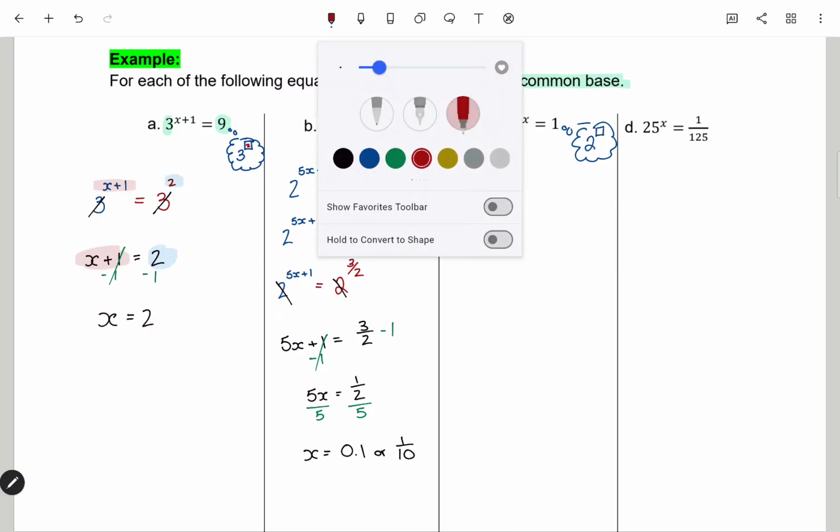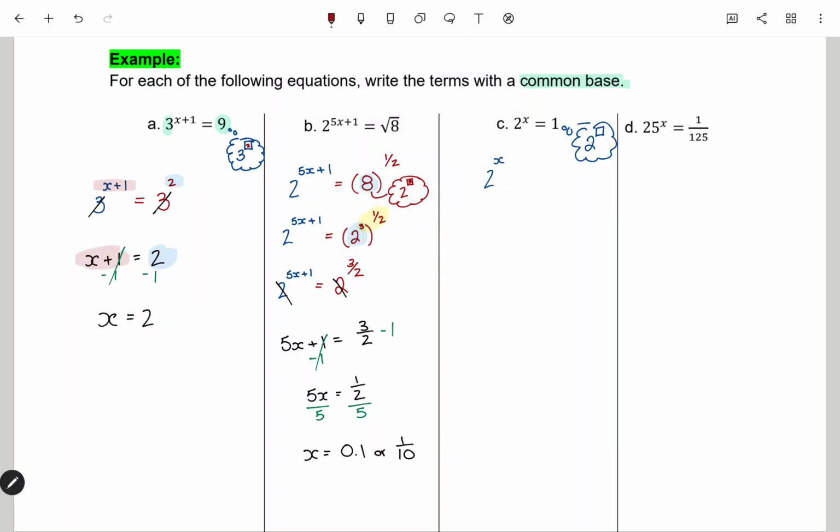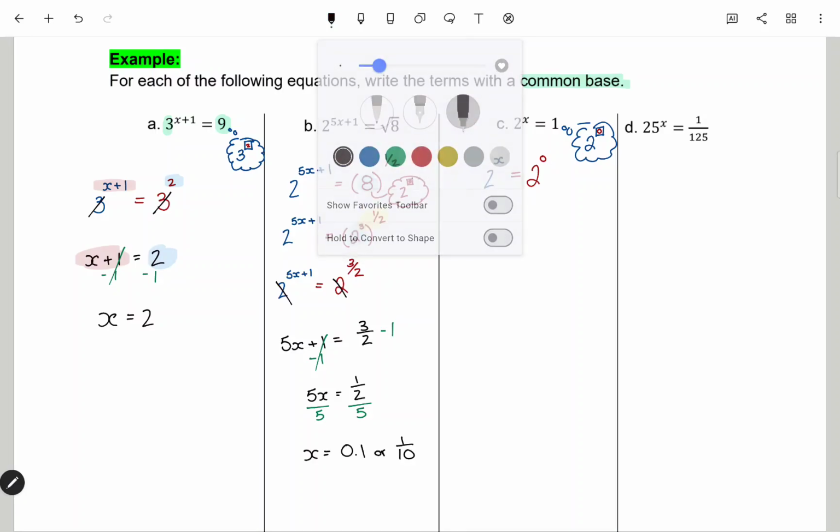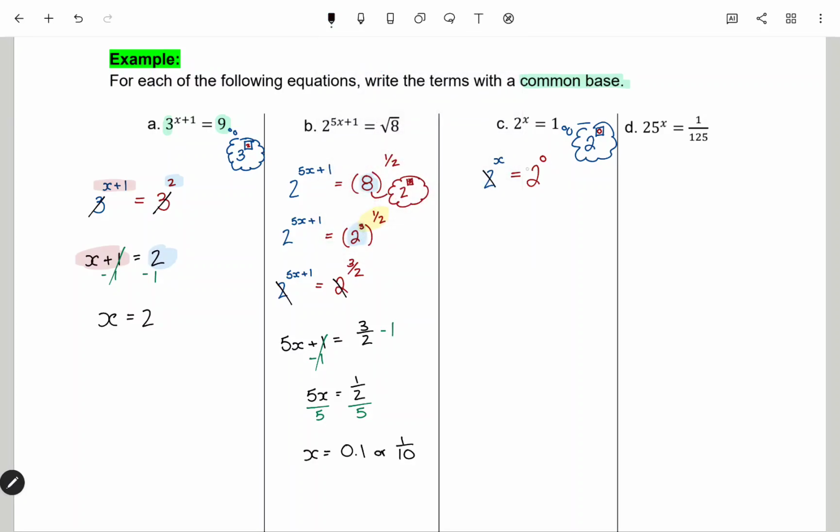Well, this is when we remember the rule on the other page that says anything to the power of 0 is equal to 1. So I can rewrite this right side as 2 to the power of 0. So I have the bases the same. We can now ignore the bases, focus just on the exponents, which leaves us with x equals 0. No math needed there.